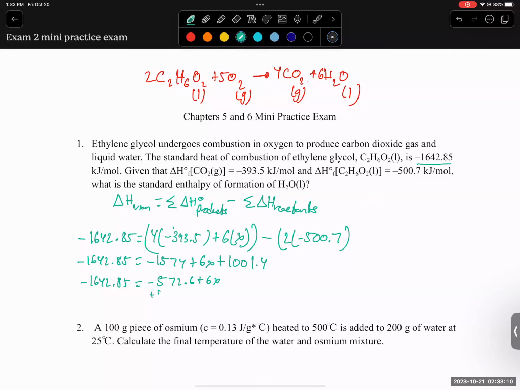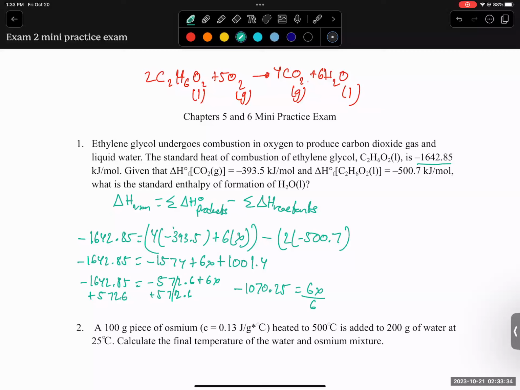So add 572.6 to both sides. So negative 1642.5 plus 572.6 gives us negative 1,070.5, and it equals 6x.